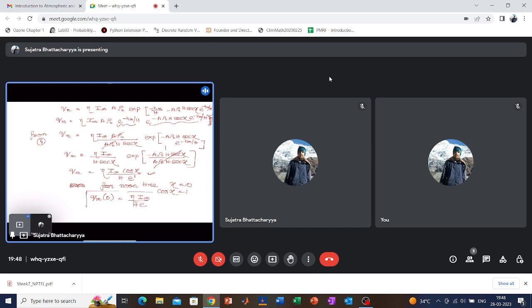This is an important expression as well. This is equation 6. This is the simple expression which we are getting. Therefore eta into I infinity can be written as Qm of 0 into h into exponential of 1.